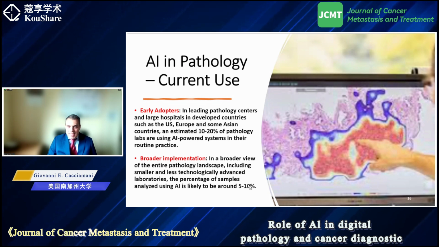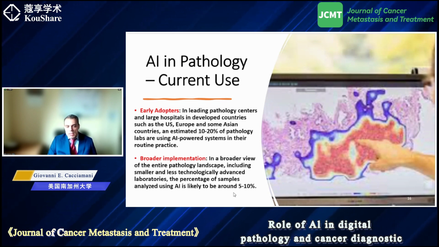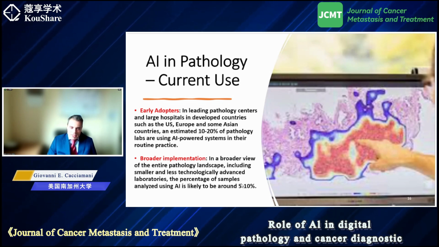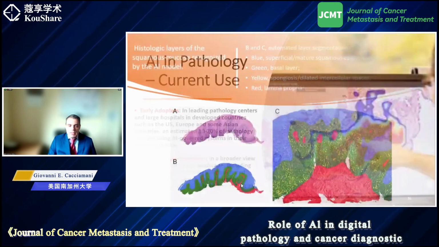However, if we extend our investigation, our description, not only to the most advanced centers in the US, Europe, and Asia, but get a worldwide estimation, we can evaluate a somewhat lower extent of diffusion, like 5 to 10%. But I believe that 5 to 10 is already a relevant step if we consider the setting.